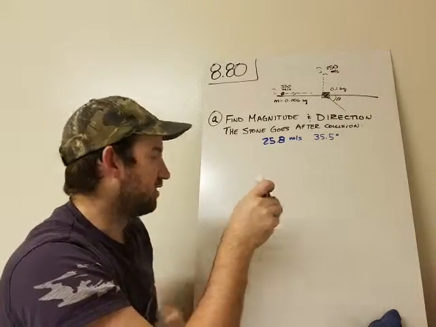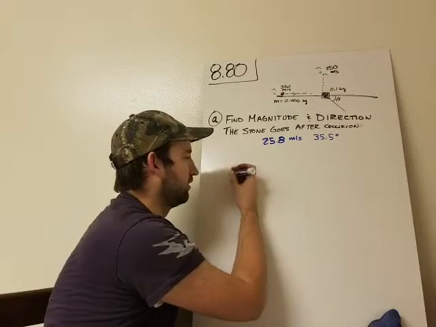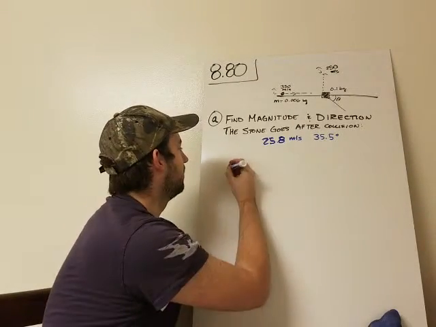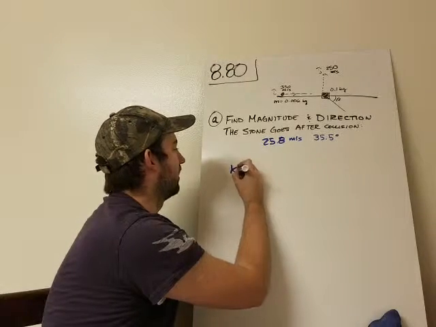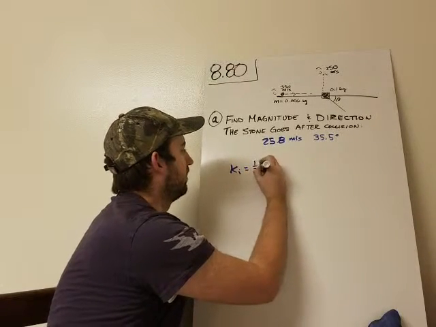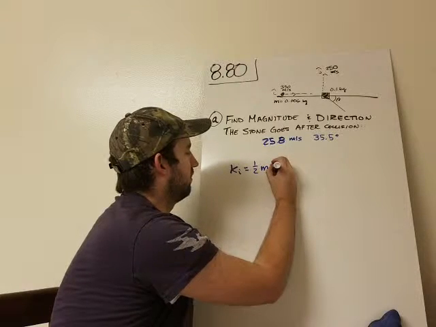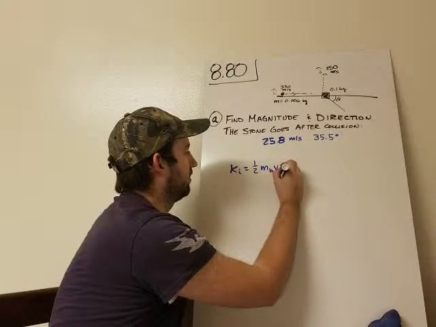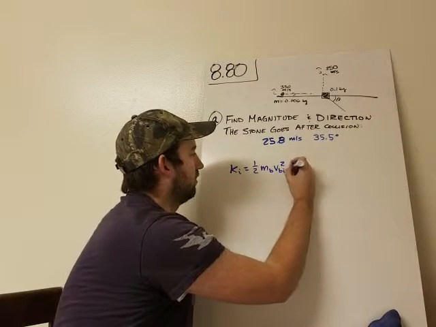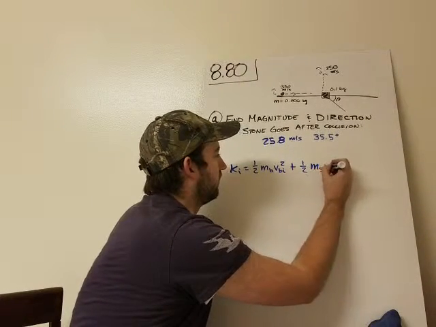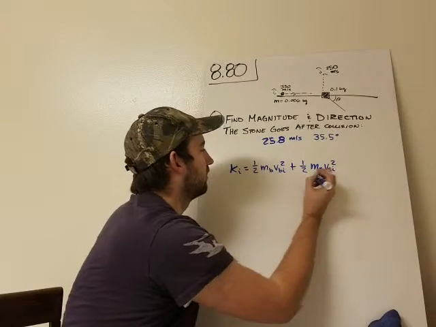So the way that we'll do that is we'll simply calculate the initial and the final kinetic energies. So we know that K_i equals 1/2 m_b v_b squared plus 1/2 m_s v_si squared.